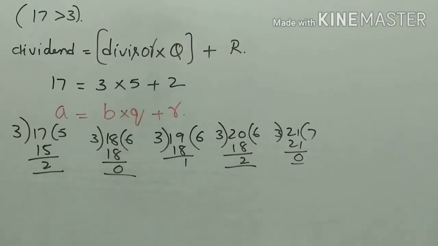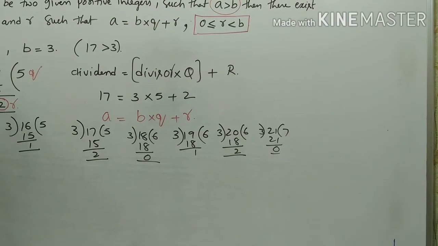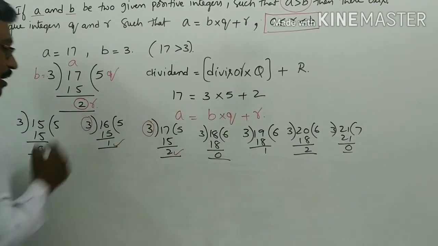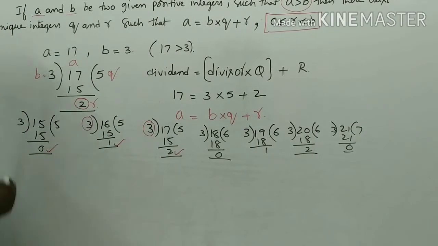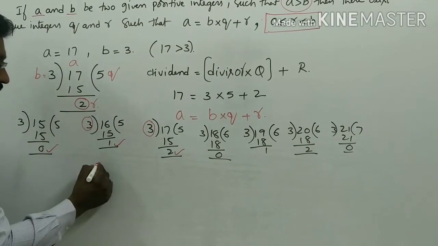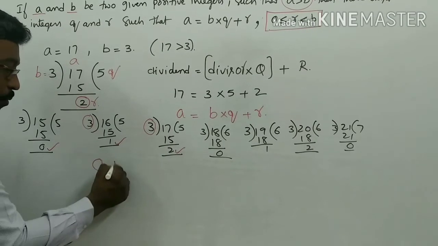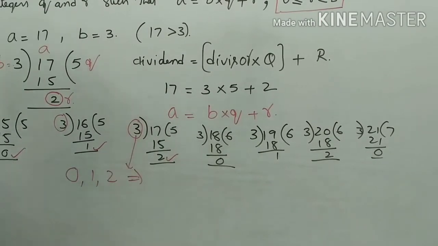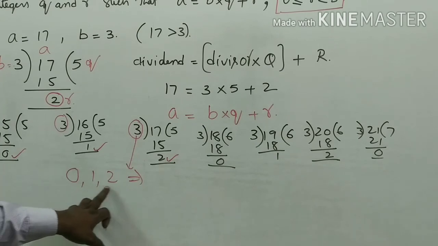So what remainders are we getting? 0, 1, 2, when dividing with 3. So the possible remainders when dividing by the number 3 are 0, 1, 2.